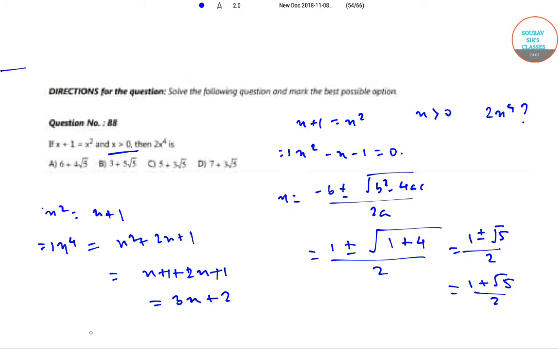Or 2x to the power 4 is equal to 6x plus 4. So this is 6 into 1 plus root 5 by 2 plus 4.